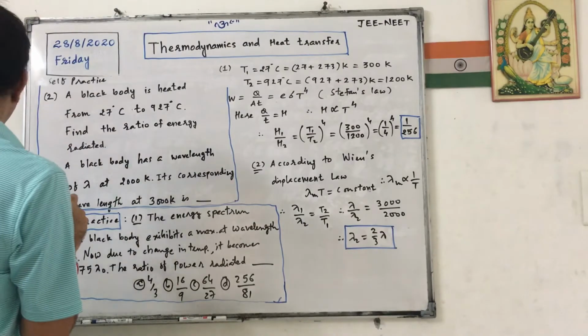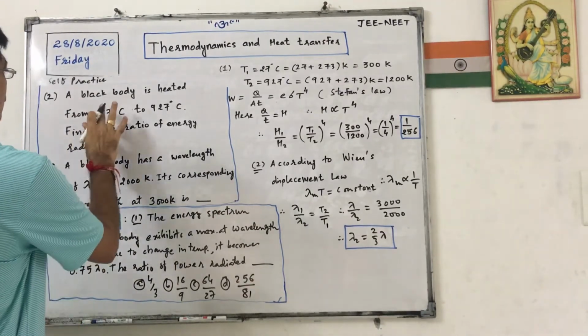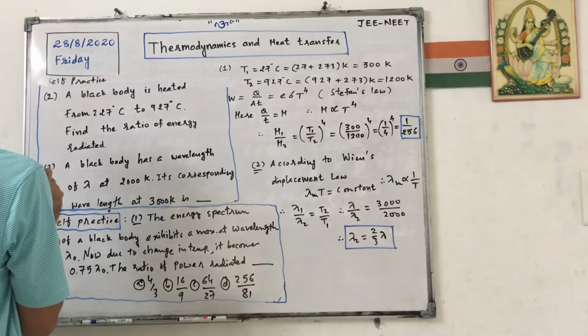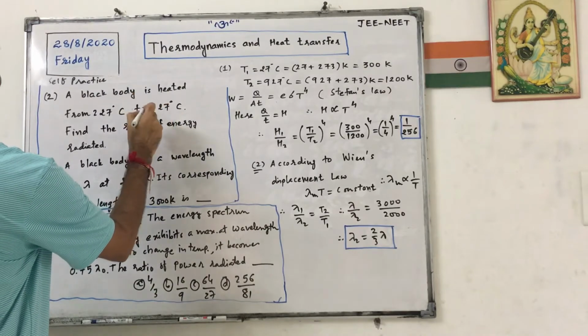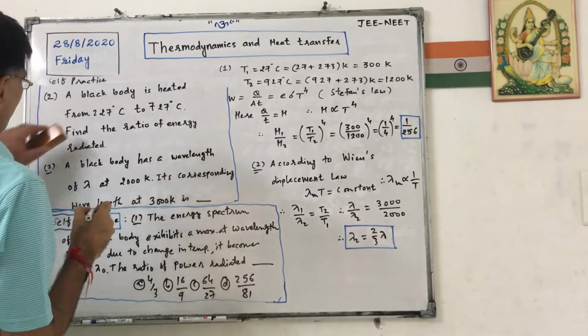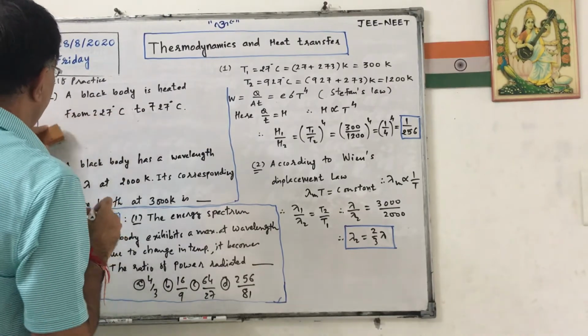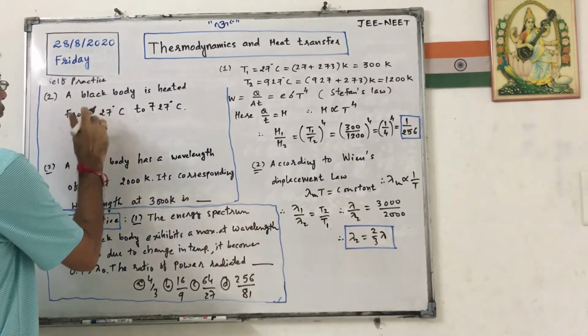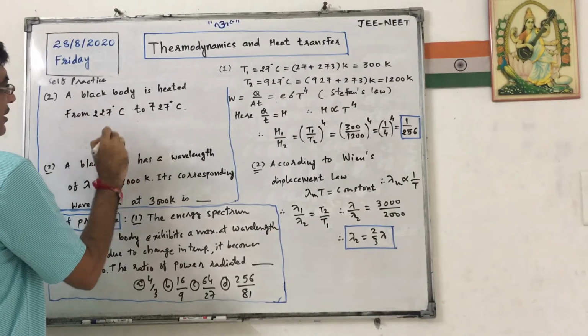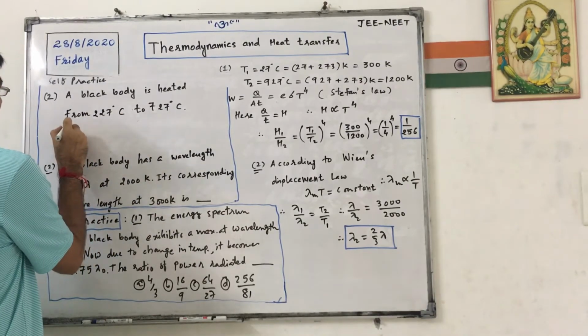A black body is heated from 27 degrees Celsius to 727 degrees Celsius.